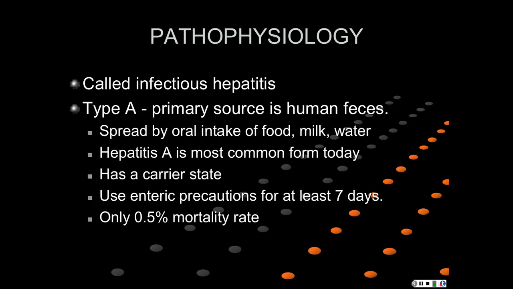And if they contaminate water or food, other people can become infected that way, which is why food handlers normally are checked on a periodic basis to see if they are carriers, because you'll hear, particularly in the food industry, restaurants may be serving vegetables or salads that are contaminated, etc.